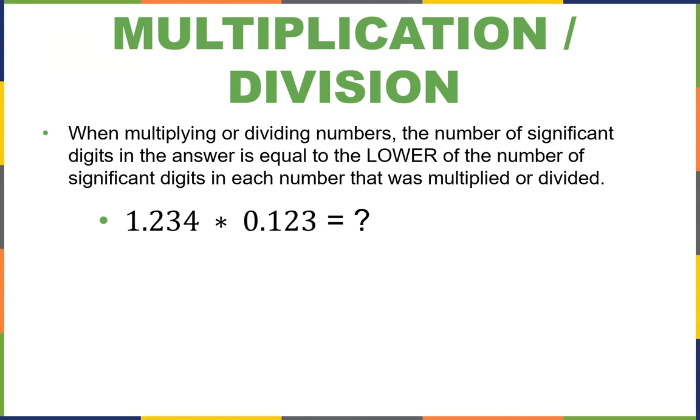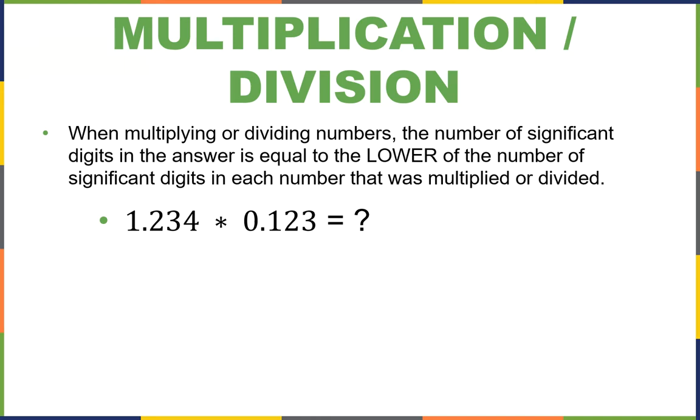If you multiply two numbers, the way you determine the significant digits is keeping track of your percent error. And so you look at the number of significant digits. The first one, how many significant digits are in 1.234? 4. How many significant digits are in 0.123? 3.